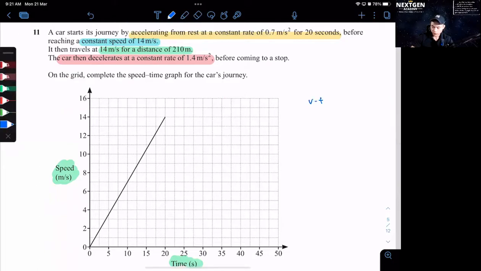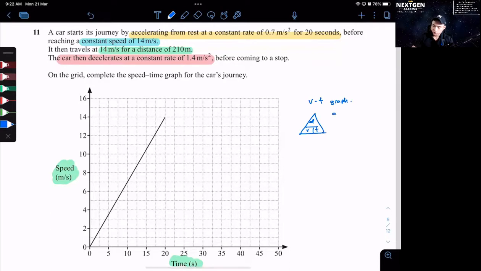So this is a speed time graph. I'll use V because V is velocity. We know the formula: speed equals distance over time, right?